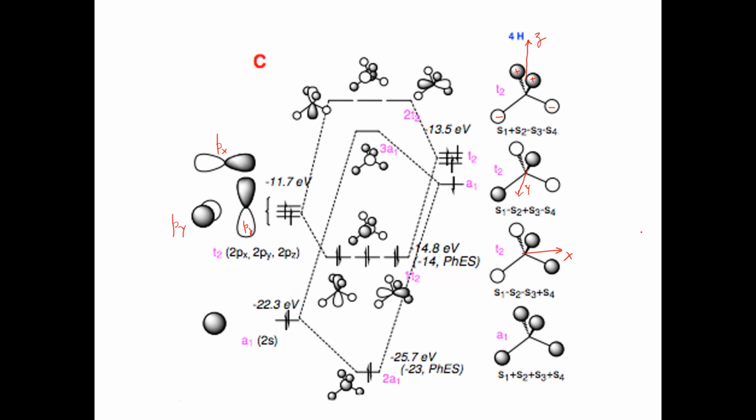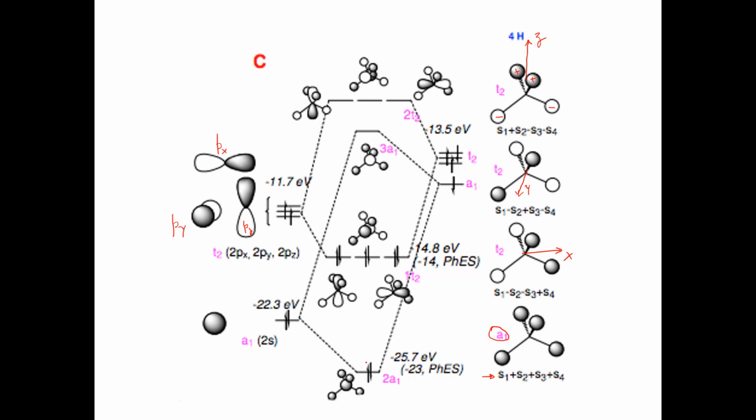Okay. And of course, I also have the totally symmetric A1 linear combination of hydrogen orbitals. And then I start to make covalent bonding and anti-bonding states.